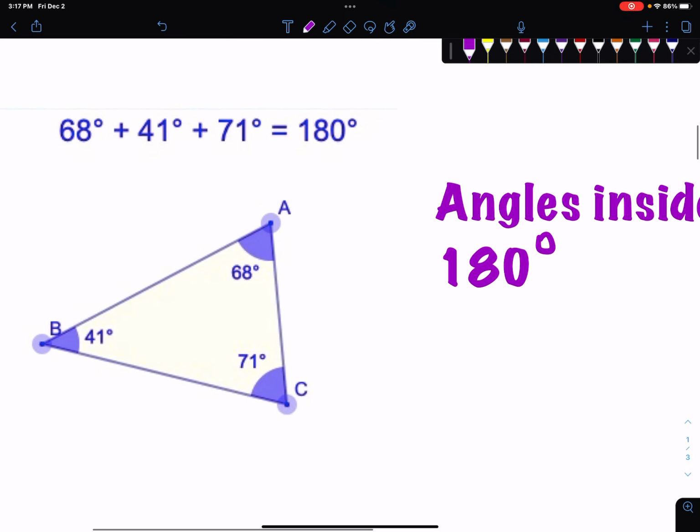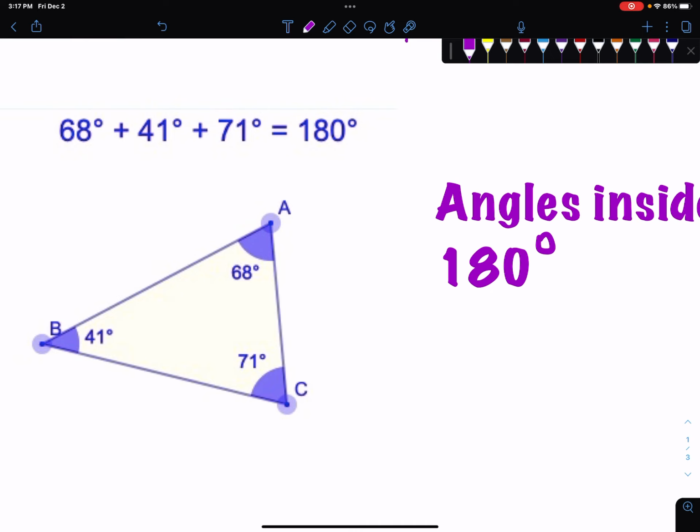If you take a look at these, I have 68, 41, and 71. If I were to total those up, they equal exactly 180. That also is good because if for some reason I didn't know what one of them was, I could figure that out because I know they have to add up to 180.